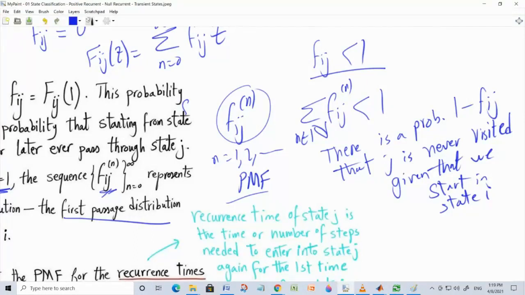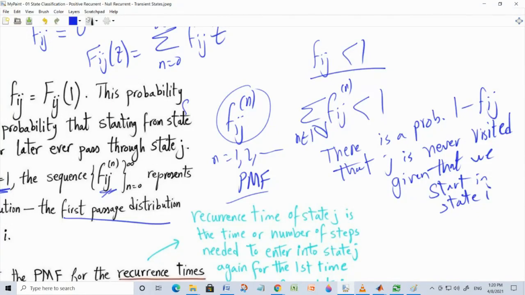Okay, so this summation again is something that is less than or equal to 1. If it's 1, it means sooner or later j will be visited. If the summation is strictly less than 1, then Fij of n is not a proper PMF. It's like there is a missing value.